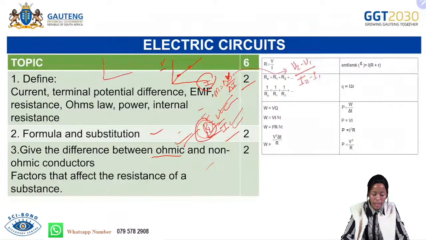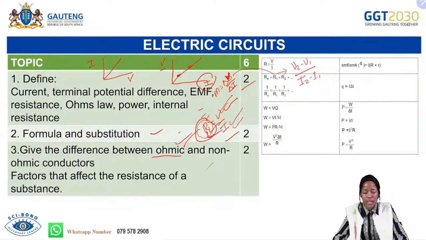Then we can have another graph where we have the I and the V there. And yes, it will then be a straight line.